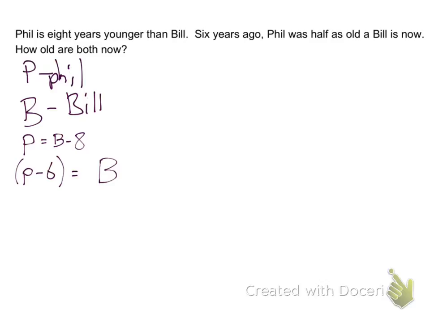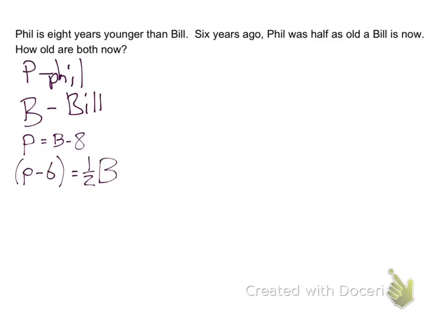So he's half the age of Bill. So what? You multiply 2. So you could put a 2 on the P minus 6. Or could I right away just say half of Bill's age now is what Phil's age was 6 years ago?